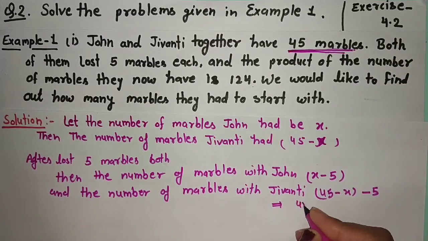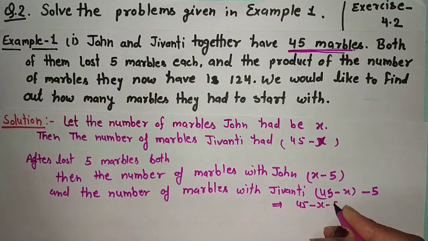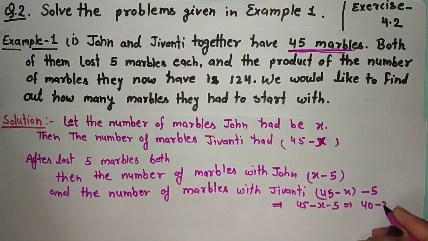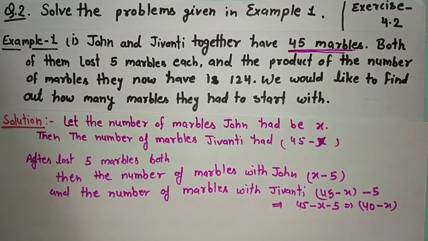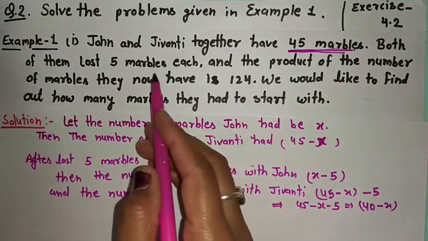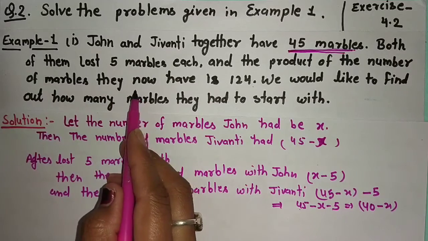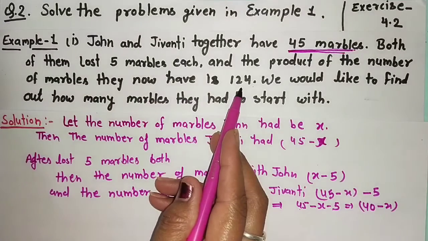It is 45 minus x minus 5, that is 45 minus 5, 40 minus x marbles. After losing 5 marbles, Jivanti had 40 minus x marbles. And the product of the number of marbles they now have is 124.